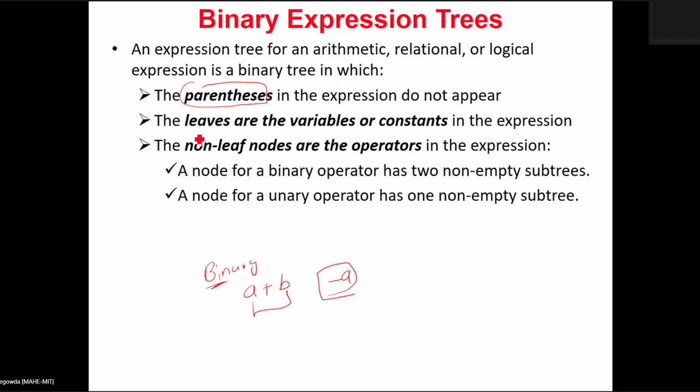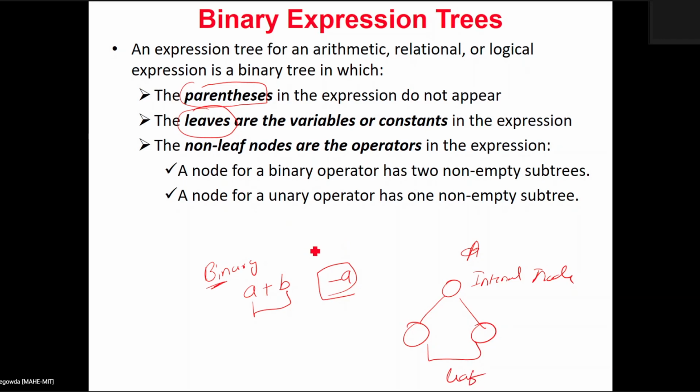And the second point is that in a binary expression tree, all the leaves are variables or constants. Say for example, if you have an expression binary tree like this, this is an internal node. These two are the leaf nodes.